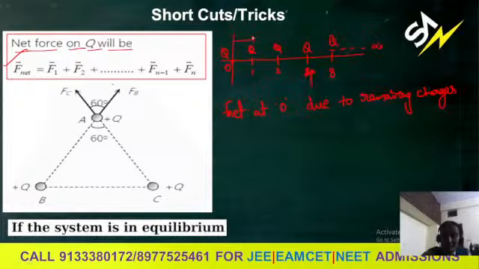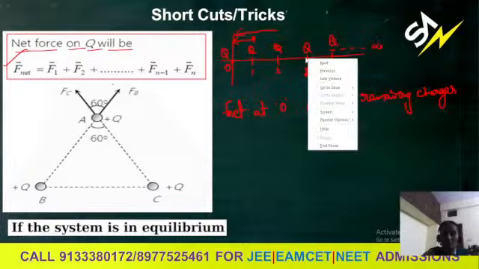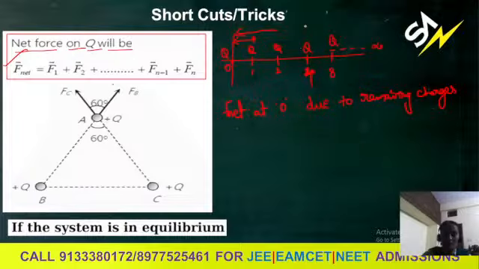I need to give direction this way. At O due to the second charge also repulsive, and at O due to the third charge, which is at 4 meter distance, is also repulsive. Repulsive force means it will be repelled by that charge because of similar charges.